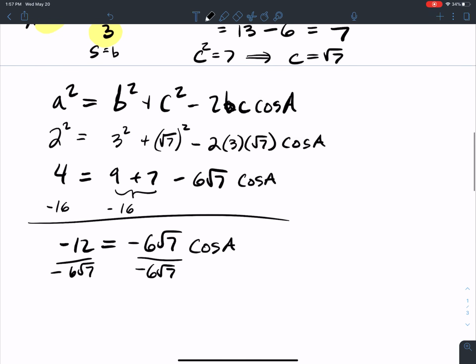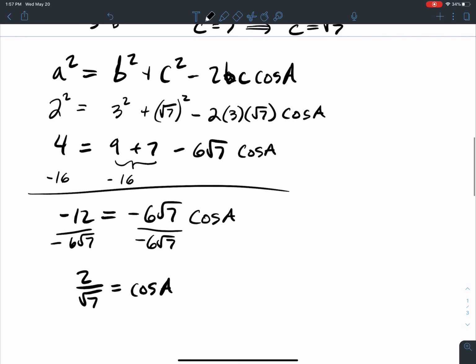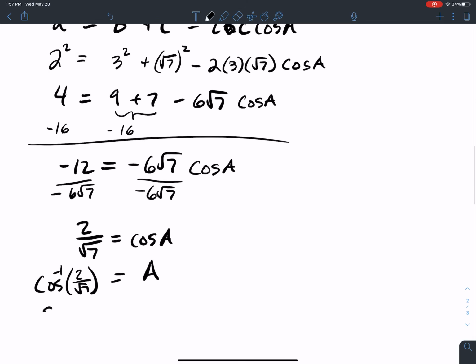And so that gets me 2 over the square root of 7 equals the cosine of A. Now, to find this, I do the cosine inverse. A is equal to the cosine inverse of 2 over the square root of 7. If I type that in my calculator, I get 40.9 degrees.